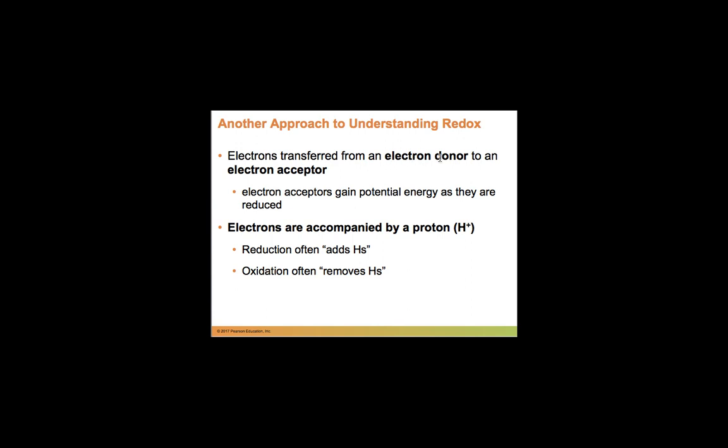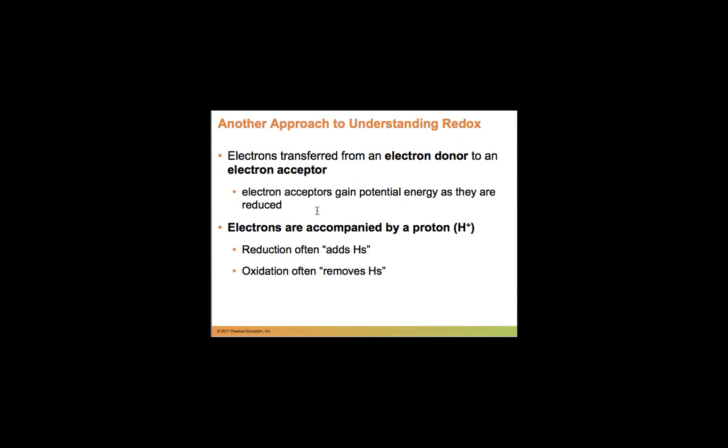So an electron donor loses electrons, becomes oxidized, and will donate those electrons to your electron acceptor. Your electron acceptor gains electrons and therefore is reduced. Your electron acceptors are gaining electrons, becoming reduced, and gaining potential energy.